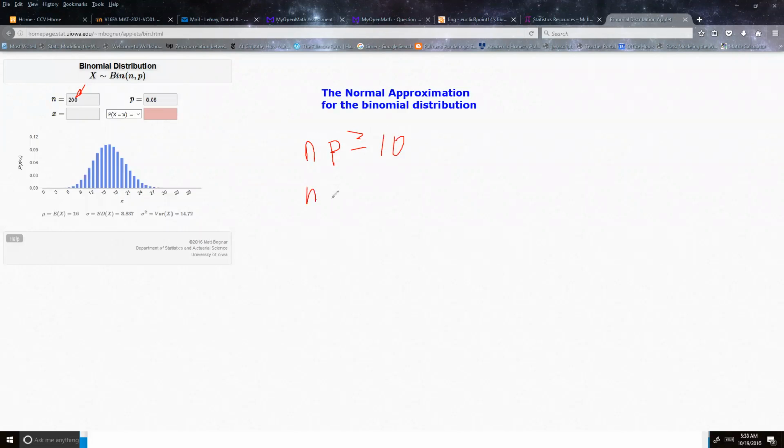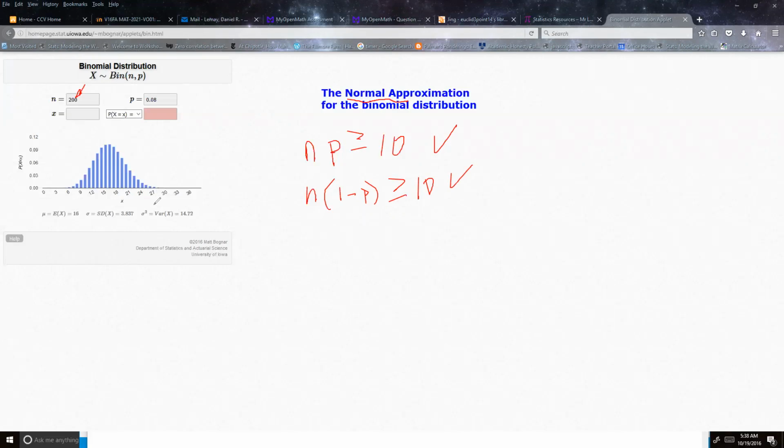The flip side of that is you take 1 minus the probability of success times the sample size, and that also has to be bigger than or equal to 10. If those two conditions hold and you have a binomial distribution, you can use the normal curve tools. You can forget all about the binomial distribution. What we have basically is a continuous distribution.